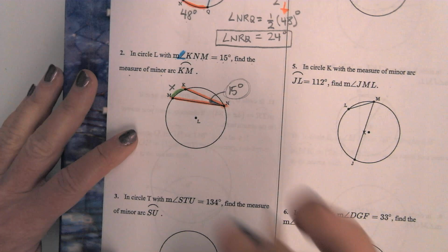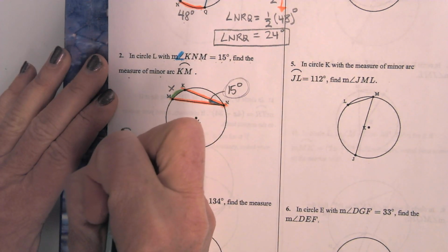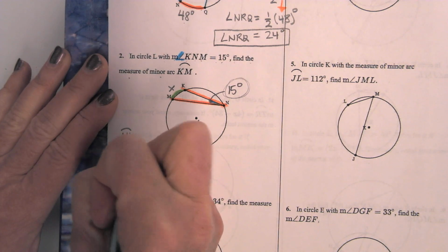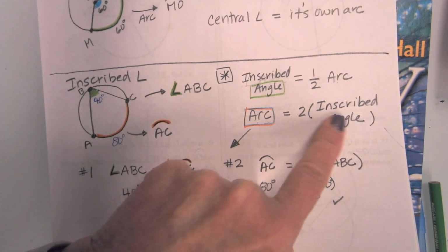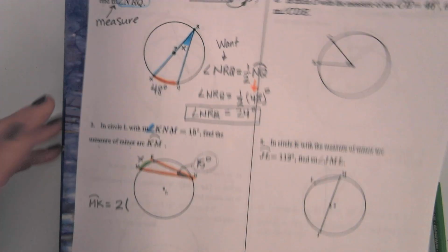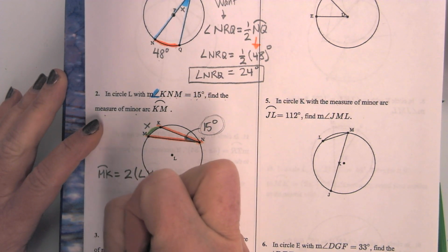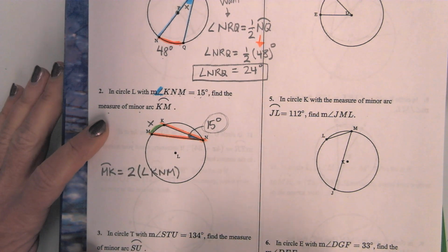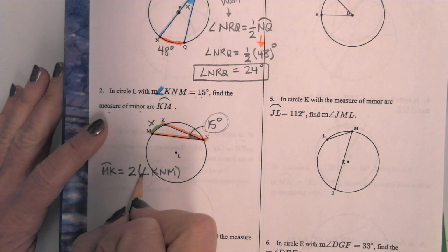And so I know that the arc MN, no, MK, is going to be 2 times, remember it says right here, 2 times the inscribed angle. It's going to be 2 times angle KNM. The arc is 2 times the angle.